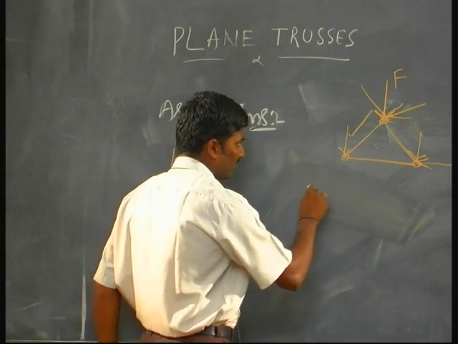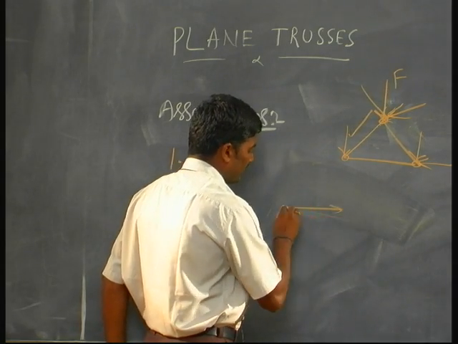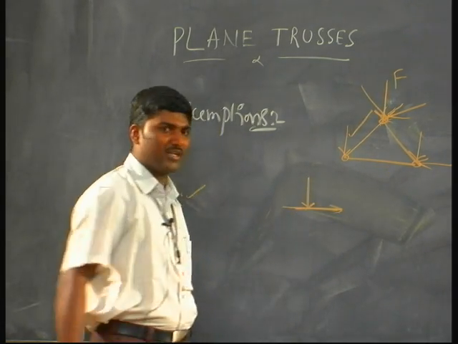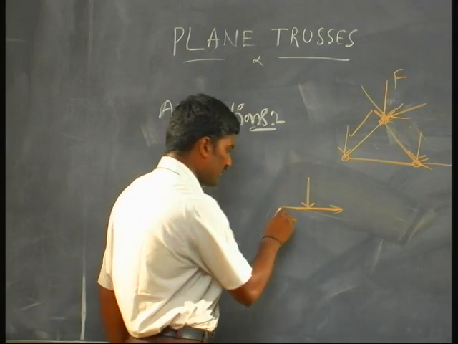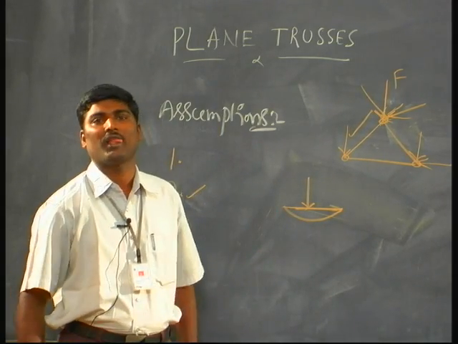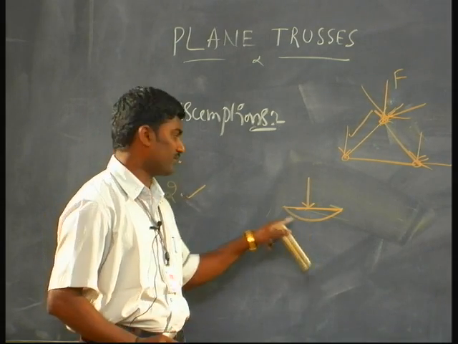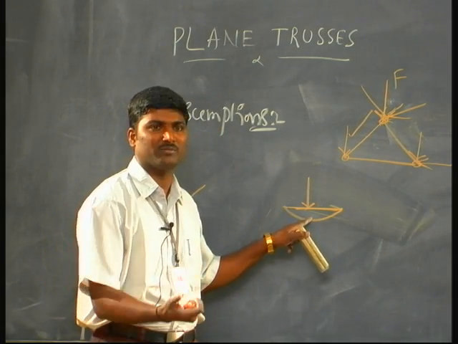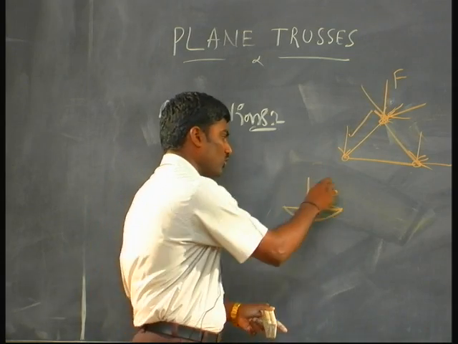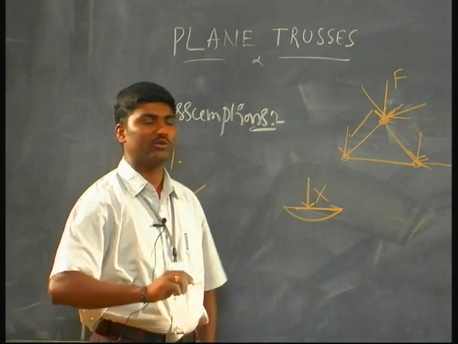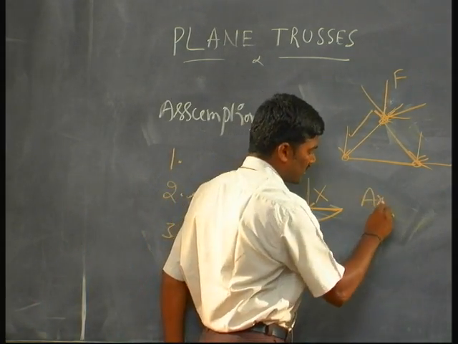What happens if I apply it on the member? If I apply the force on the member, it bends. So I should not have any bending stresses. If it bends, it is going to develop some stresses internally. So no bending stresses. I need to have only axial stresses.